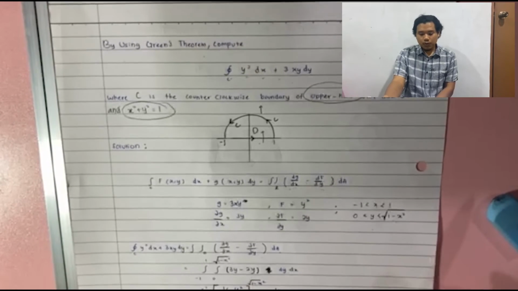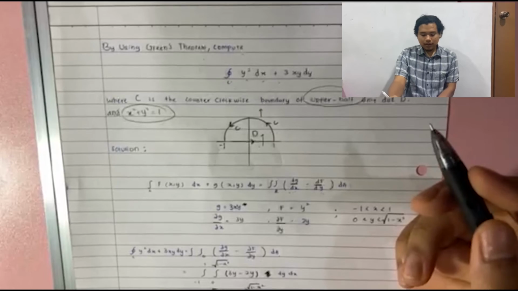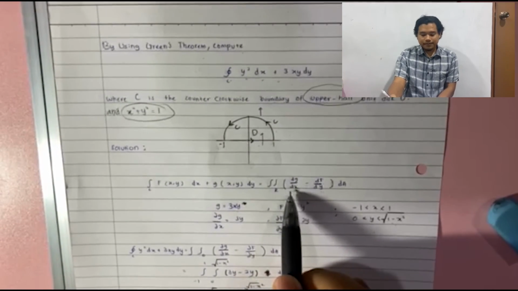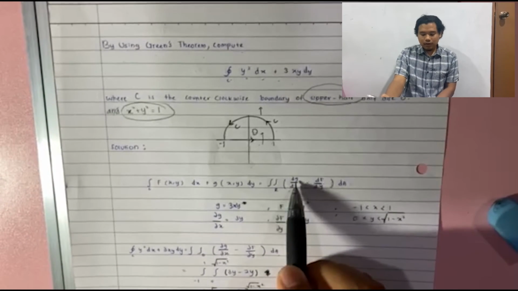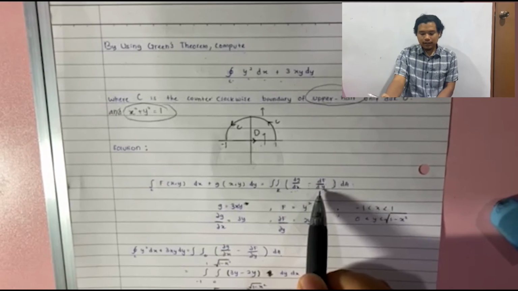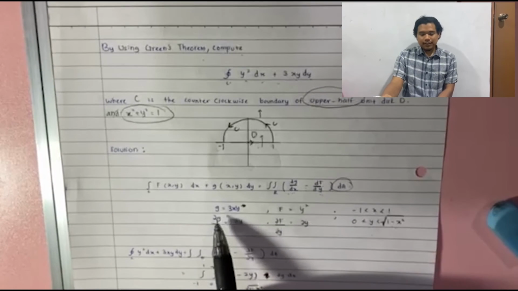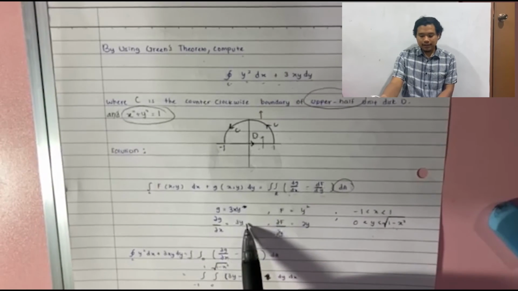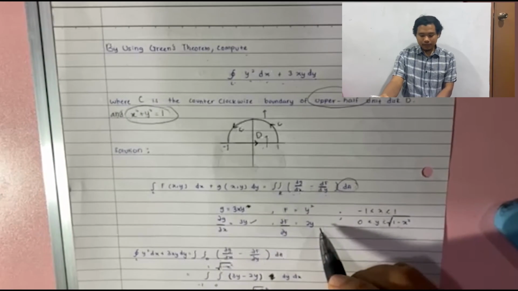First of all, we need to sketch the region like this. This is the formula used for Green's theorem. Double integral of del g over del x minus del f over del y. Then differentiate g equals 3xy with respect to x, and the answer is 3y.